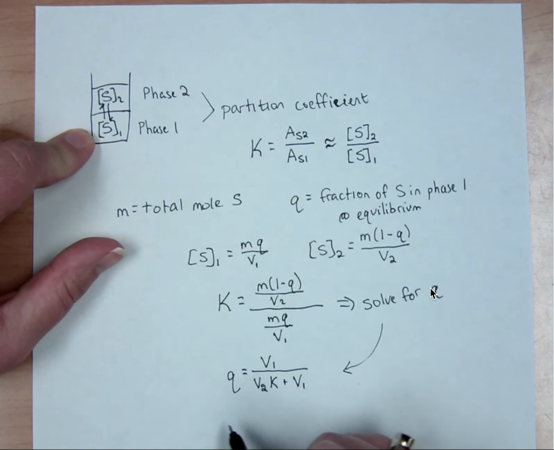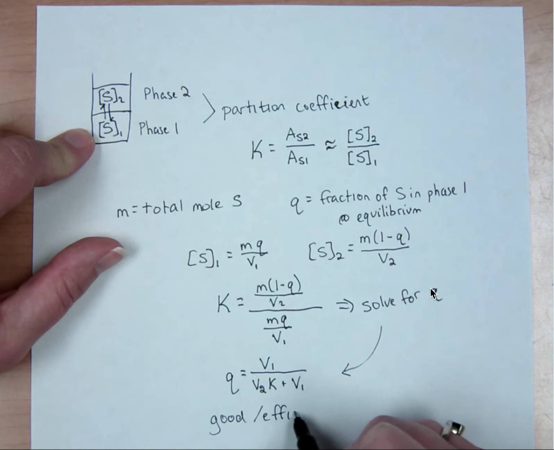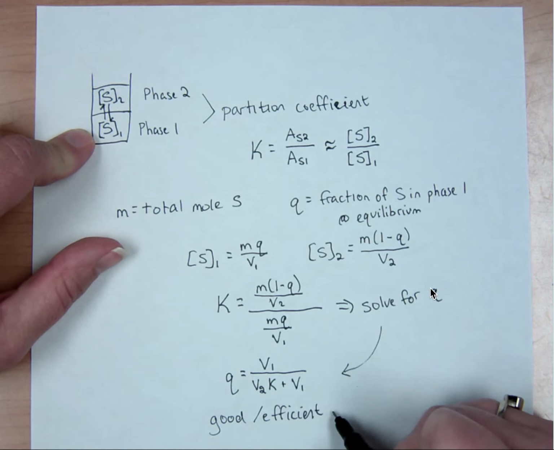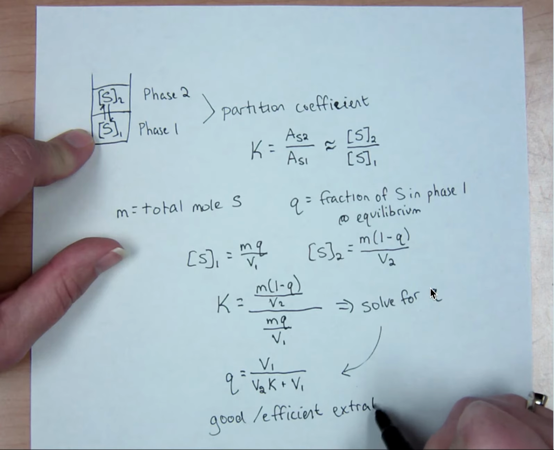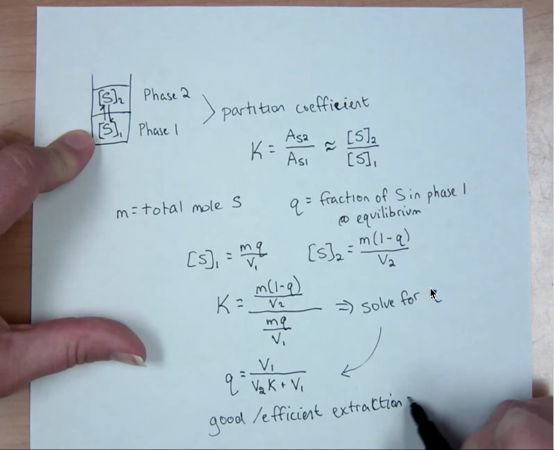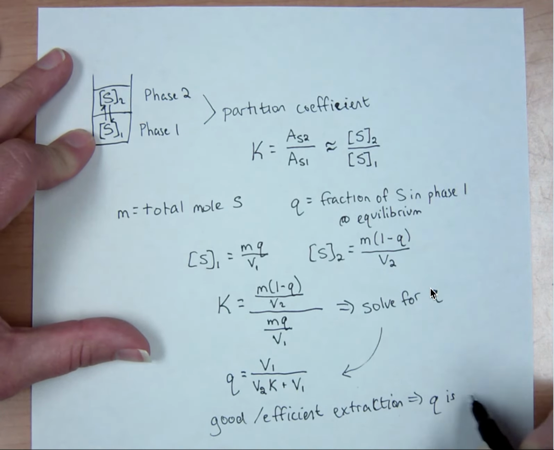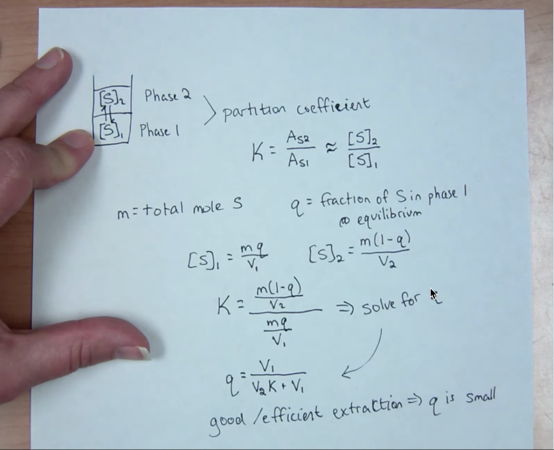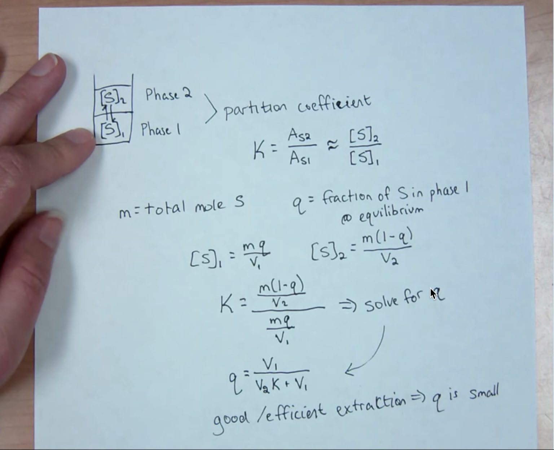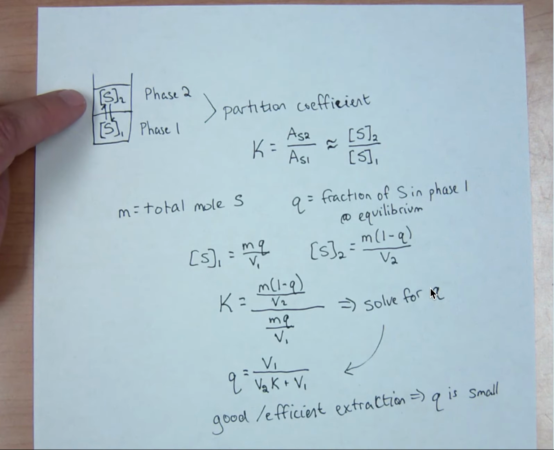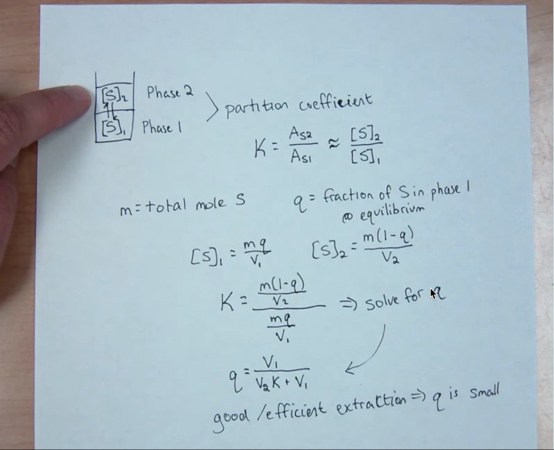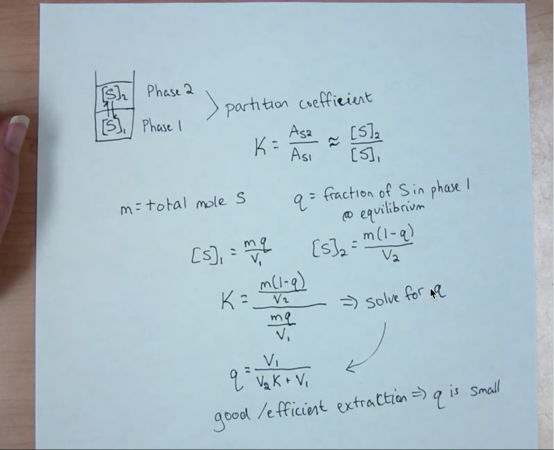So a good or efficient extraction is one where this Q value is low, because that means a very small fraction has been left in phase 1 and most of our analyte is now in phase 2. So we're looking for a small Q to say this is good.